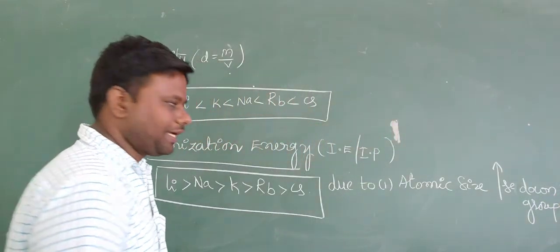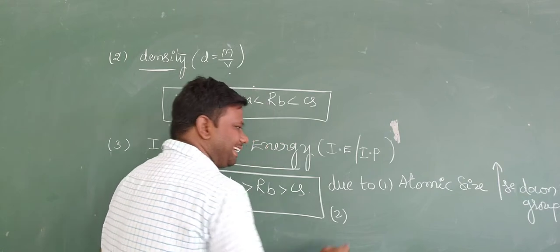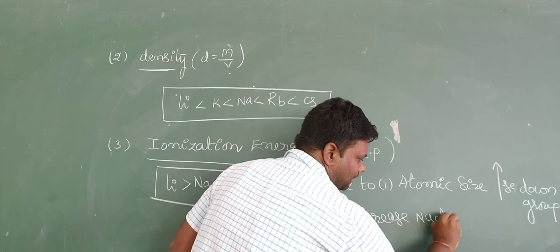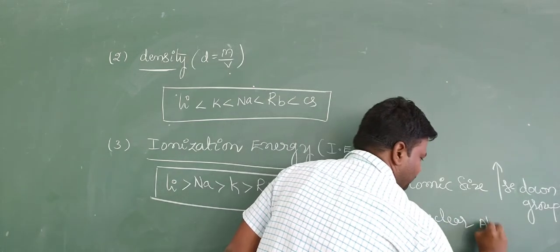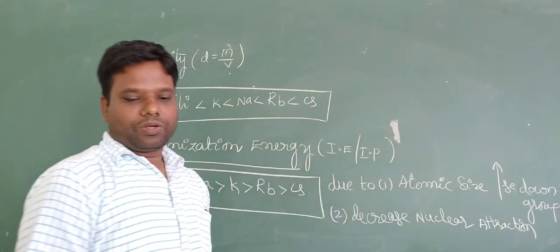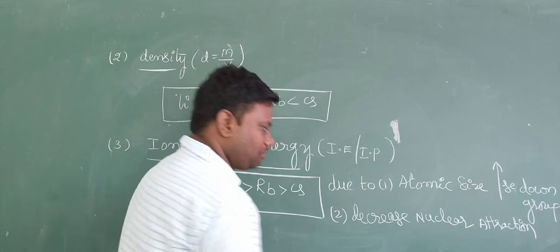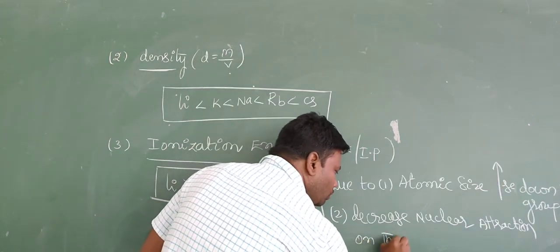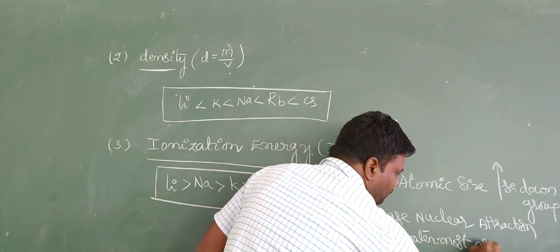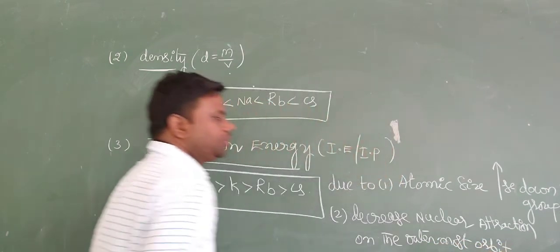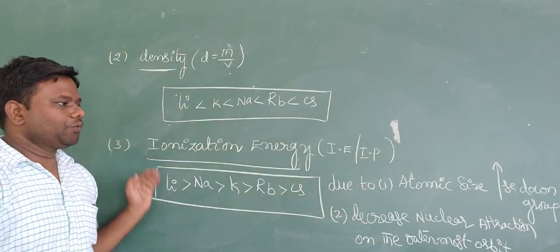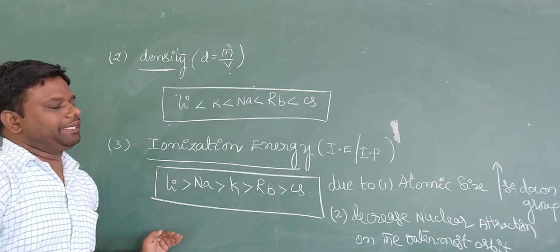And second reason is decrease in nuclear attraction on the outermost orbit. Due to these two reasons, ionization energy decreases down the group for alkali metals.